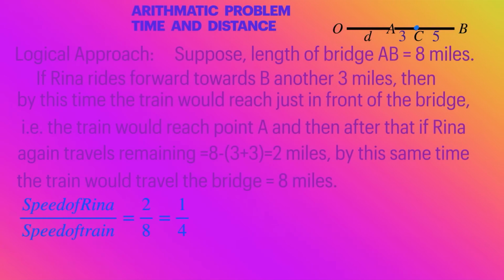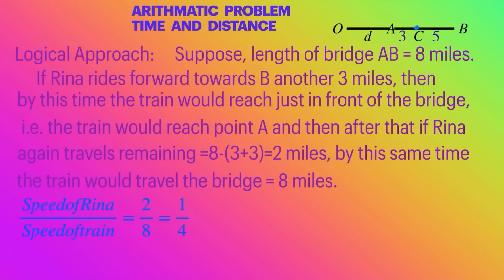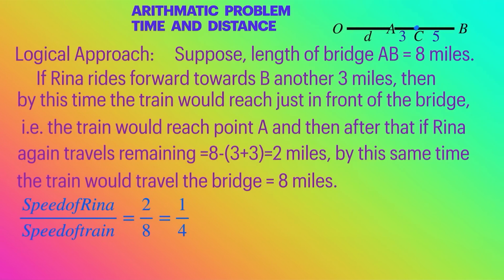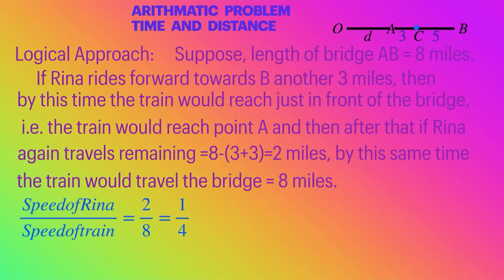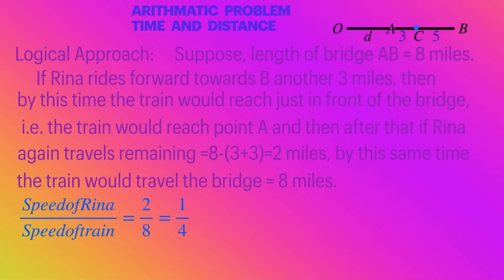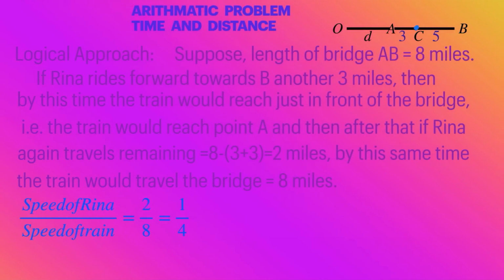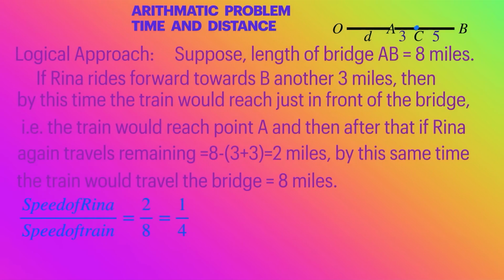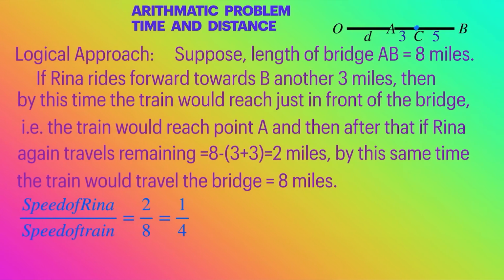So clearly this ratio, 2 by 8, will be their speed ratio, that means Rina's speed by train speed equals 2 by 8, and that is 1 by 4. So this is the secret ratio or secret relation of the logical approach.